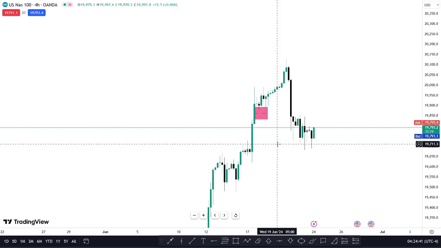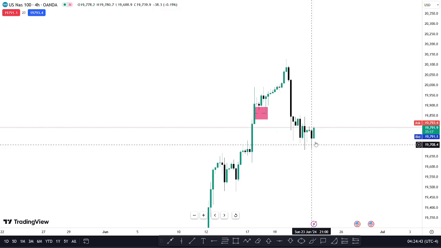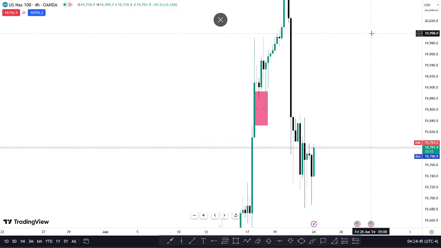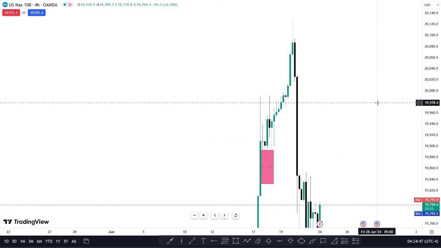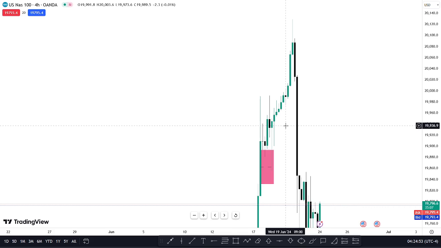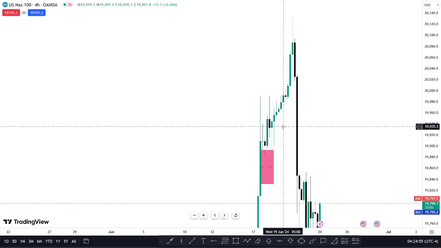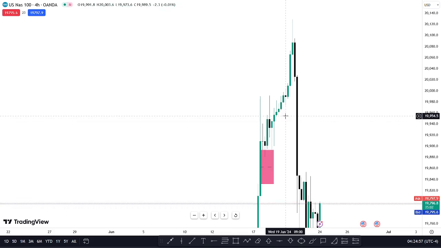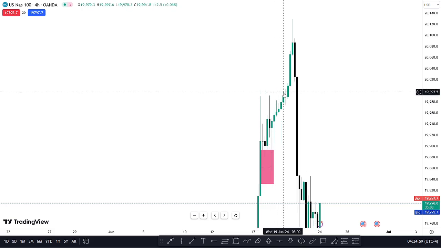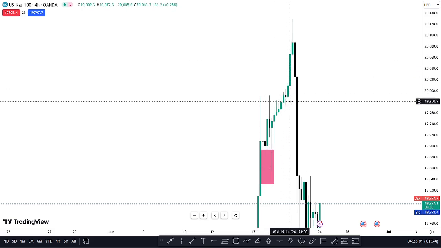Okay, we'll leave this one because we don't have a fair value gap right here. Or is this a fair value gap? Let's see the time, but it's not a fair value gap. For that, we don't have a fair value gap right here, so we would want to go for the highs. So let's leave this one.